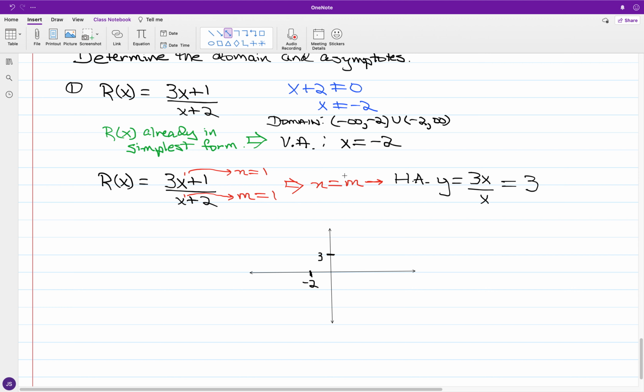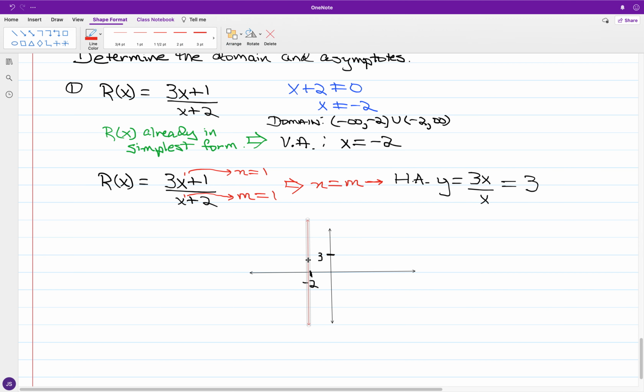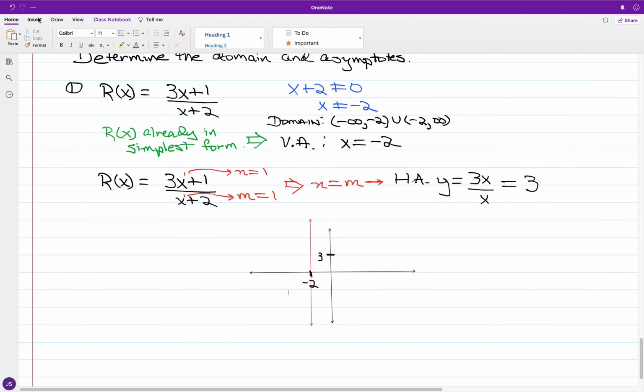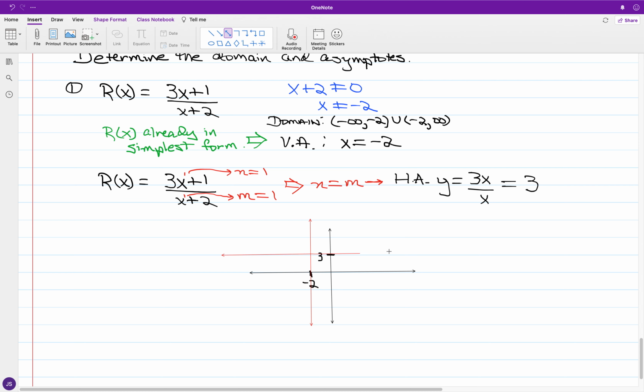The vertical asymptote is at x equal to negative 2, and the horizontal asymptote is y equal to 3.